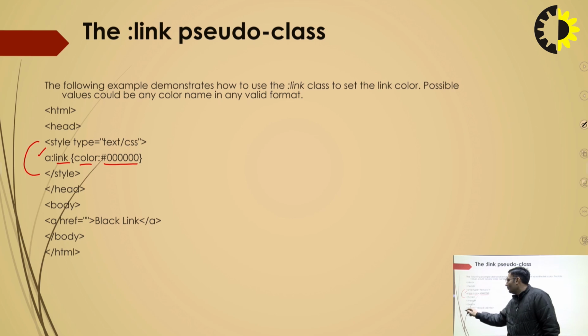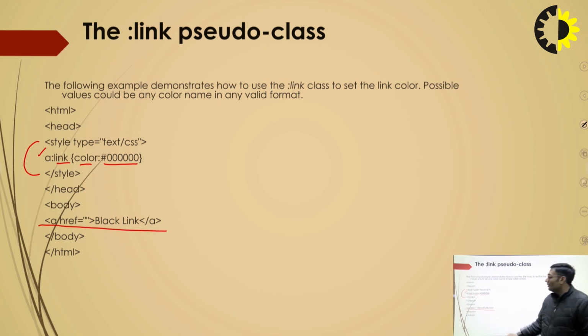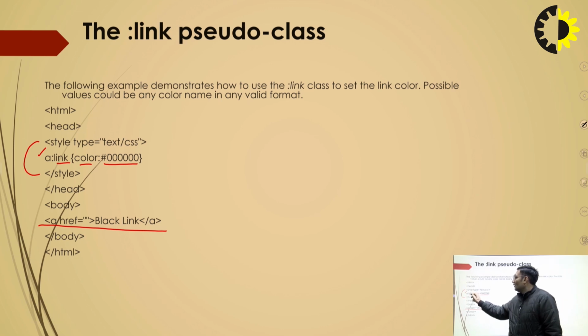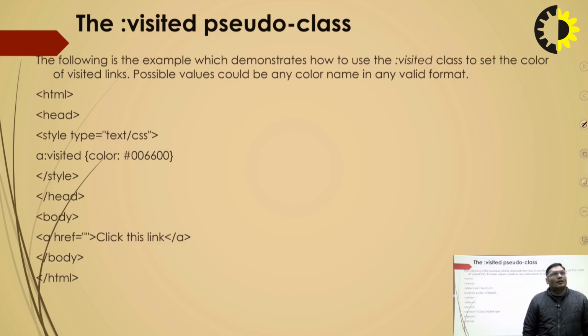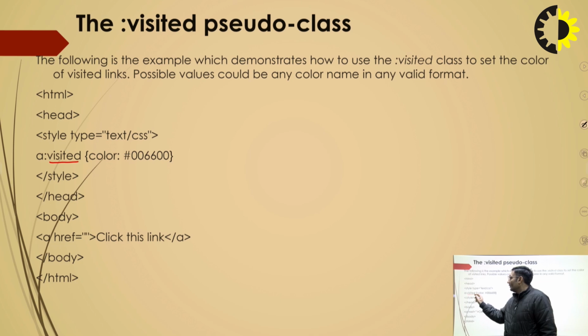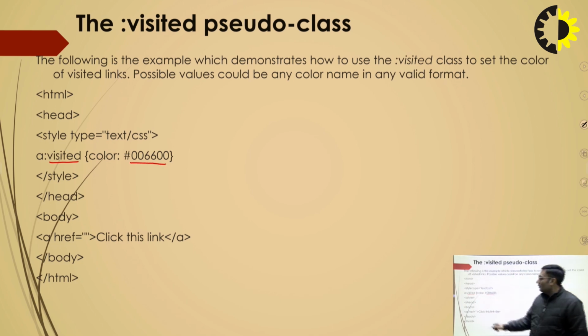So when I use the anchor tag inside my HTML document, this anchor tag will be affected based on this pseudo class. Now let's see the visited pseudo class. I just write colon visited here, the color, then the color value, and the link will change based on this color value when we visit this link.